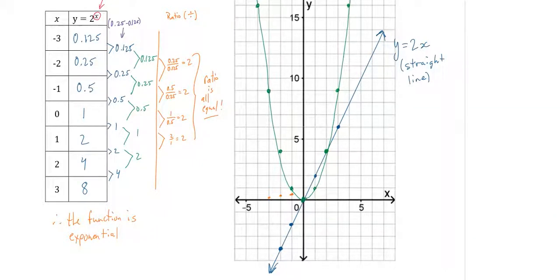It's very interesting to me how y equals x squared and y equals 2 to the x have all these similar points.